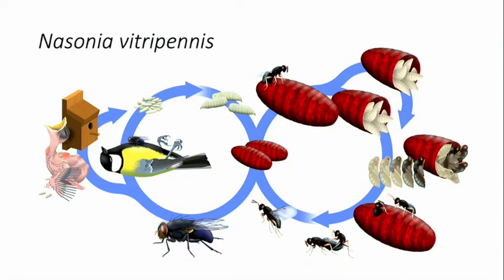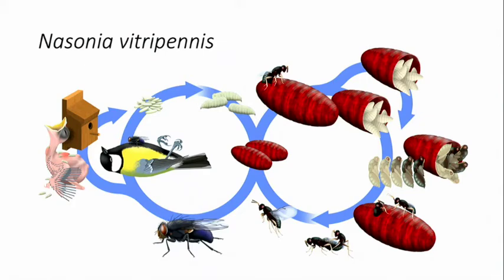Unless a Nasonia female comes along and decides that the host is good enough, and then she starts laying eggs on the host. The Nasonia larvae can be 20 to 40 larvae per host. They then develop into pupa, and they emerge from the host.